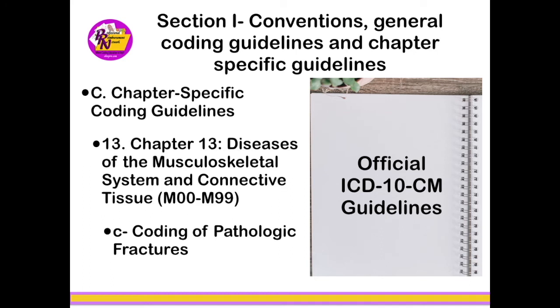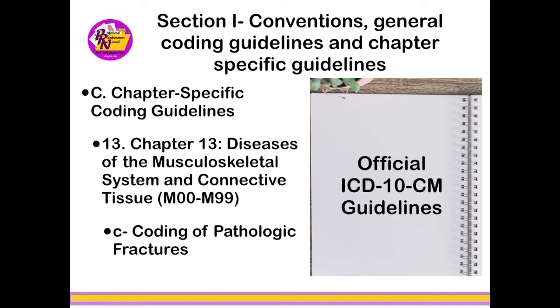Next, Chapter 13, diseases of the musculoskeletal system and connective tissue. These are in the code range of M00 through M99, and we're going to look at coding of pathologic fractures, which starts on page 55 in the guidelines.